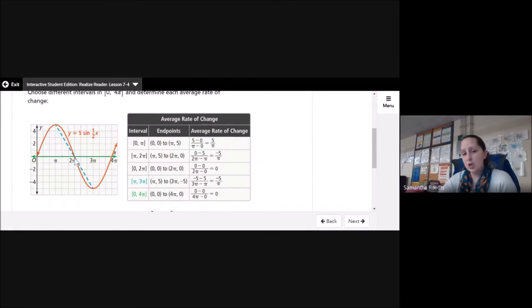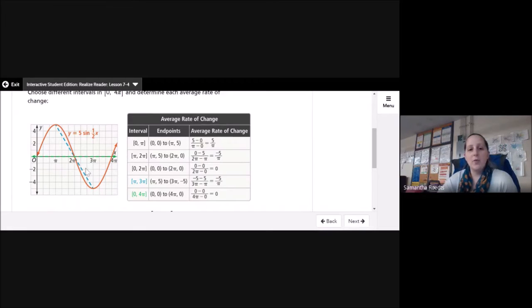Between pi and 2 pi, my points were pi, comma 5, and 2 pi, comma 0. 0 minus 5 over 2 pi minus pi is negative 5 over pi. Remember, 2 pi minus pi is just 1 pi left. You almost want to treat pi as if it were a variable, like x. So 2x minus x would still give me 1x, for example.